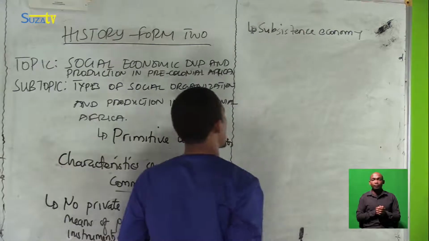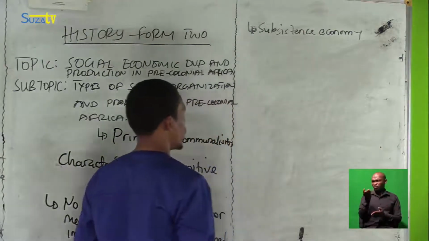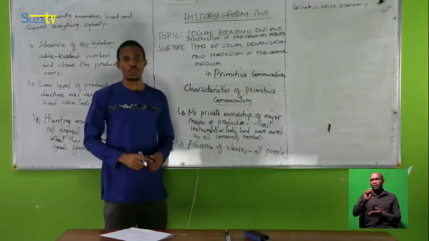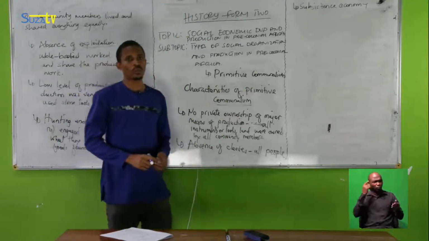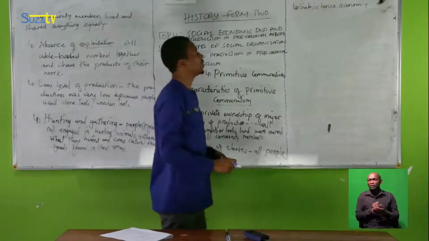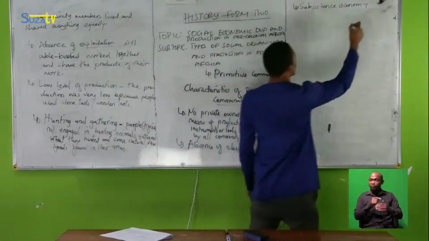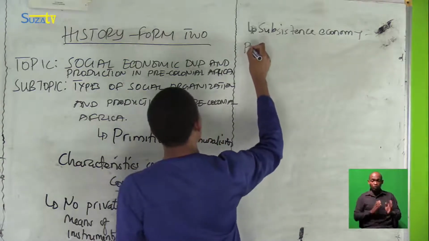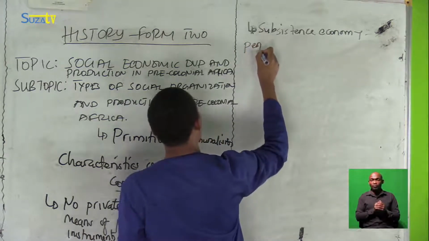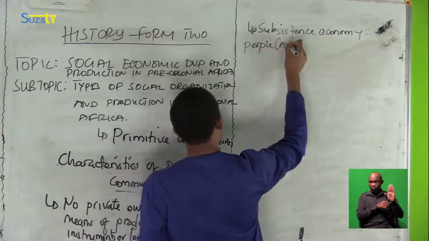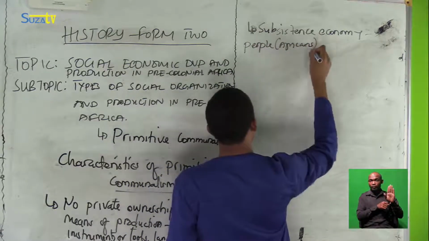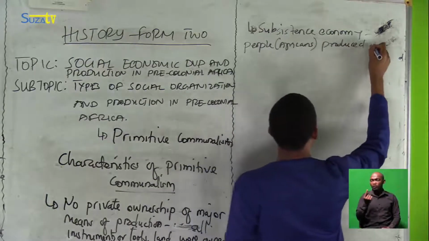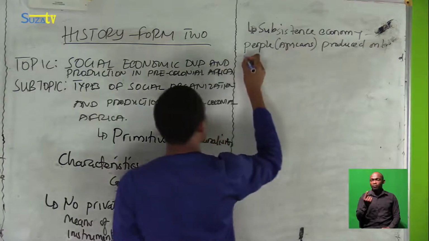Subsistence what? Subsistence economy. What do we mean by subsistence economy? Here we mean during primitive communalism, people produced. People, here we mean Africans, produced only for consumption.